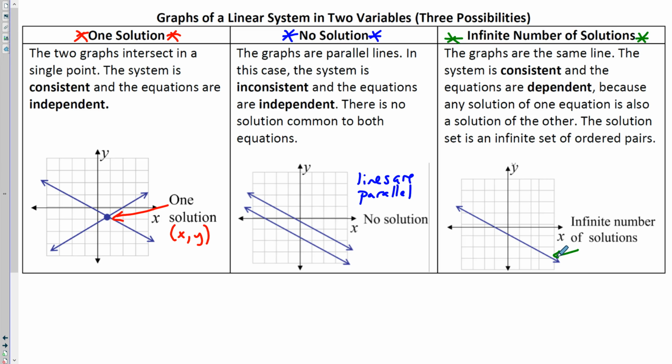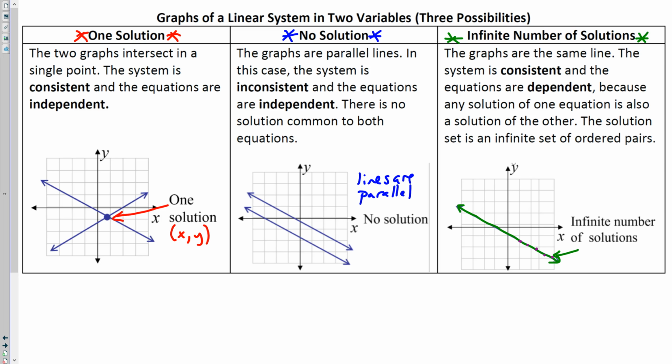So when I graph it, I would have one equation graph as a line, and then my second equation would graph as the exact same line. And so in that instance, every single point on our line is a solution. Any point I can identify as being on this shared line is technically a solution to our system.